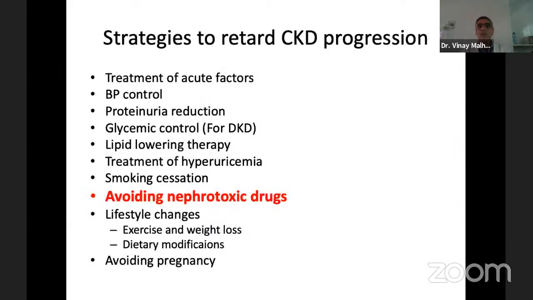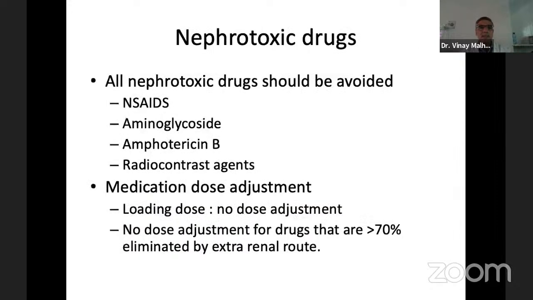Then avoiding nephrotoxic drugs. In the beginning also, we talked about the nephrotoxic drugs. So all nephrotoxic drugs should be avoided. Over-the-counter drugs: many of our patients go for indigenous drugs, over-the-counter therapy, some Ayurvedic drugs with toxic combinations, with heavy metals. So these should be avoided.